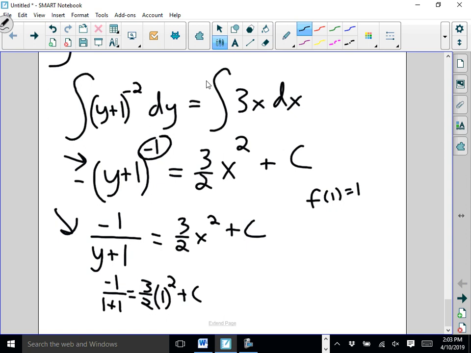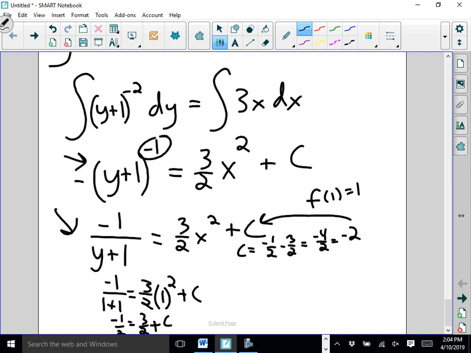So negative half equals 3 halves plus c. So I have to subtract 3 halves. So c is going to equal negative 1 half minus 3 halves. That's negative 4 halves, which is negative 2. So my c value is negative 2. So I'm going to plug that in right here.